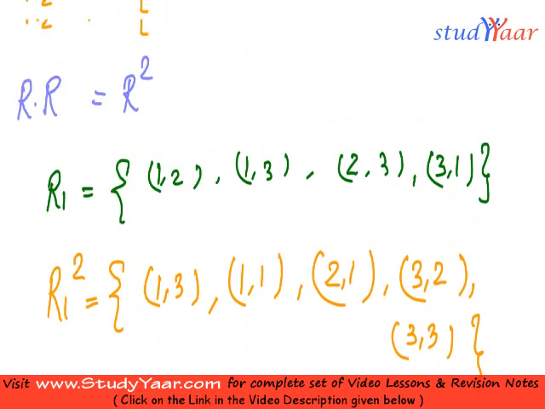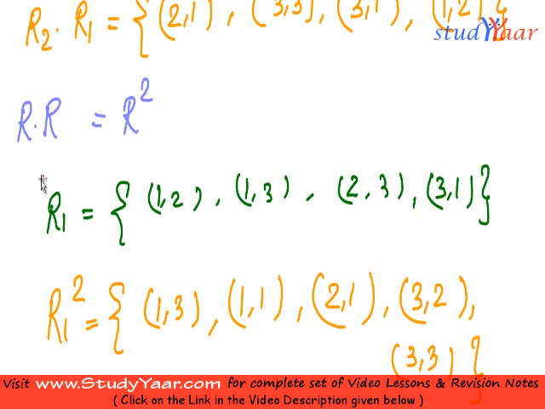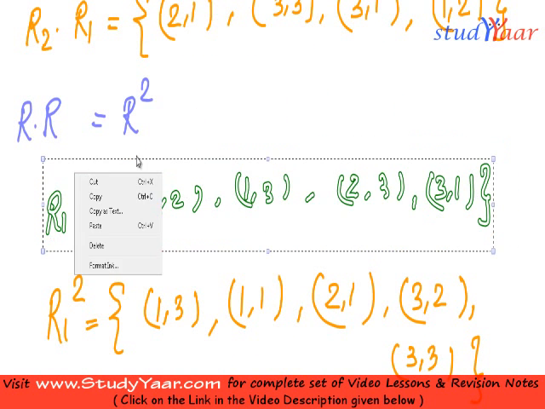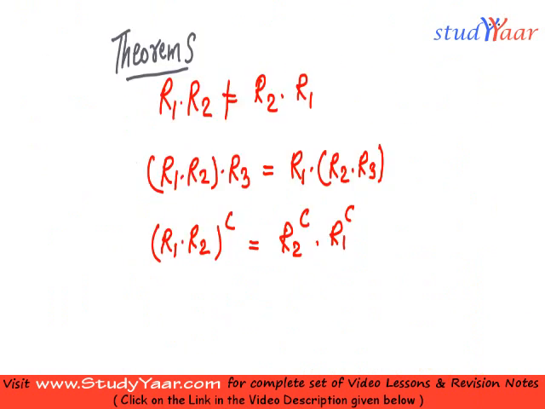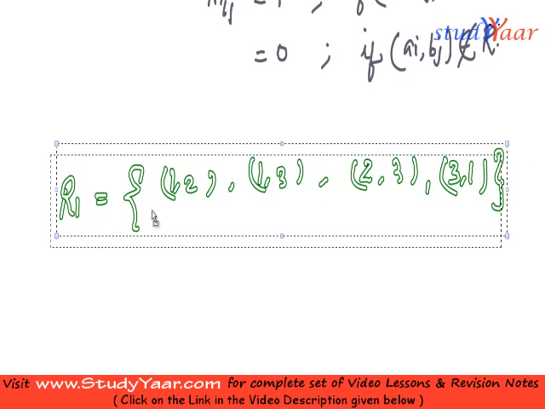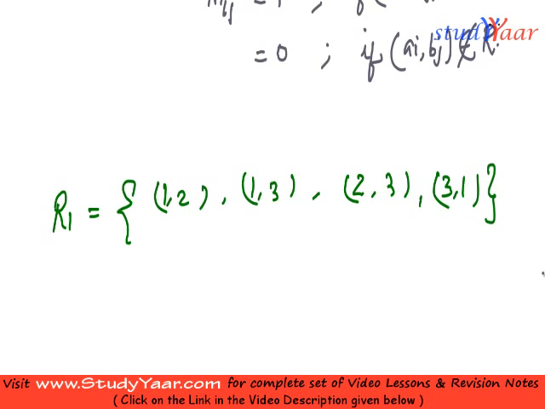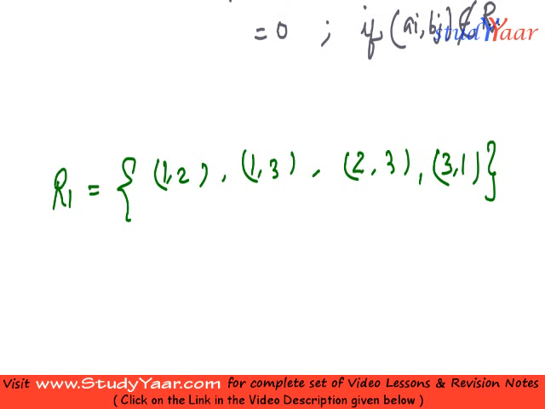I am going to assume this same R1 that I want to represent in a matrix. So let us paste it like this, and let us have our A as 1, 2 and 3.